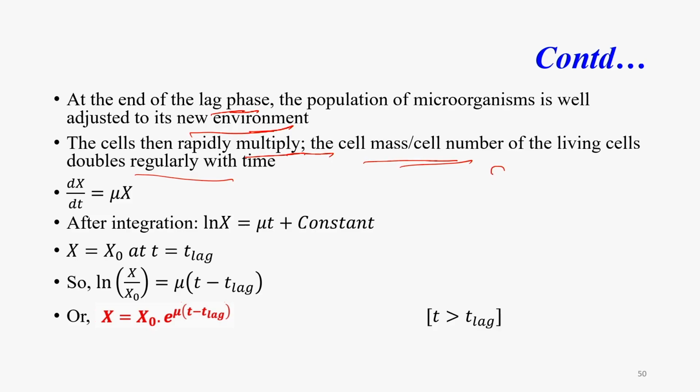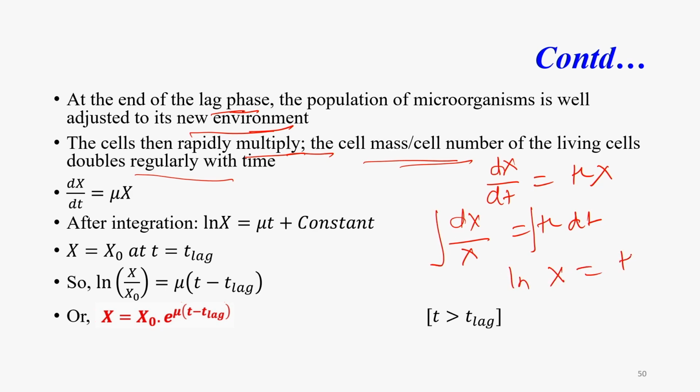So, here we write dx/dt = mu x. If you integrate it, you will get dx/x = mu dt. You can integrate, so this will be ln x = mu t + constant. Now, for the constant we have to apply the condition x = x0 at t = t_lag. Here we are not putting t = 0, rather we are putting t = t_lag.